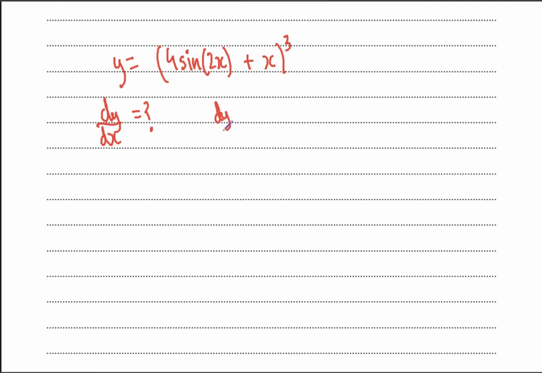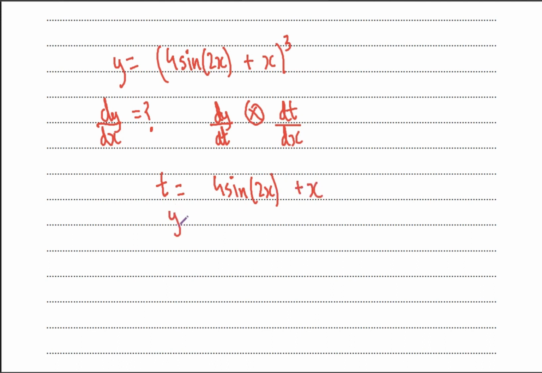We need dy by dt, and we need dt by dx. This x right here is multiplication times dt by dx. Well, as you've noticed by now, we just let t equal the thing inside the brackets usually. So we can let t is equal to 4 sine 2x plus x.